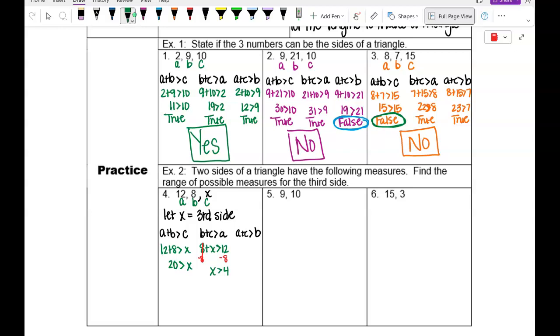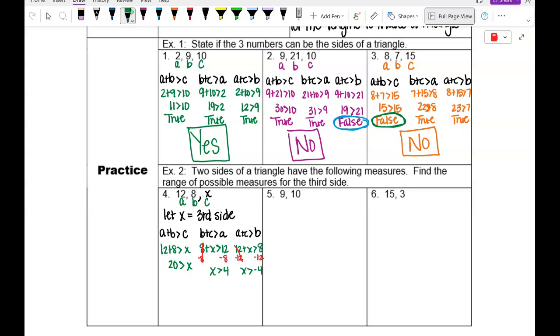When I go to substitute in this time, 12 plus x has to be greater than 8. The problem here is 12 is already greater than 8. So any positive number that I add to 12 is going to make this true. And if I go through the solving and I subtract 12 from both sides, I get that x is greater than -4.